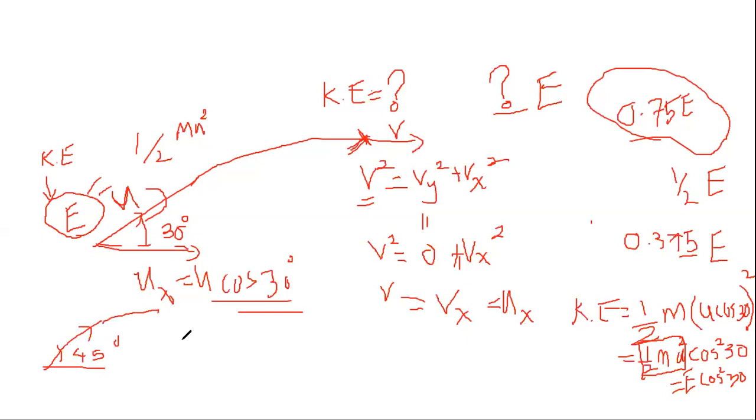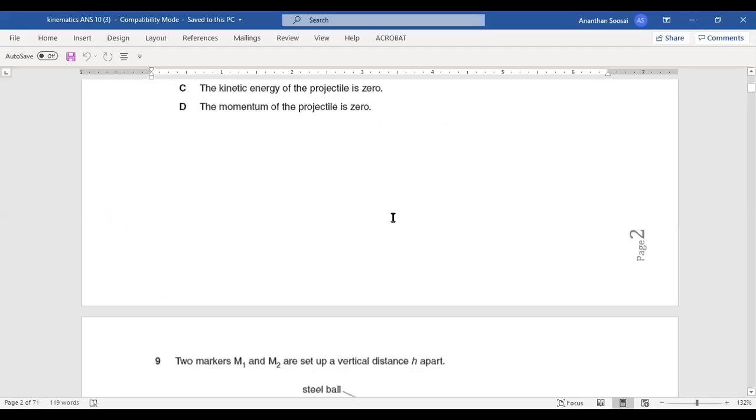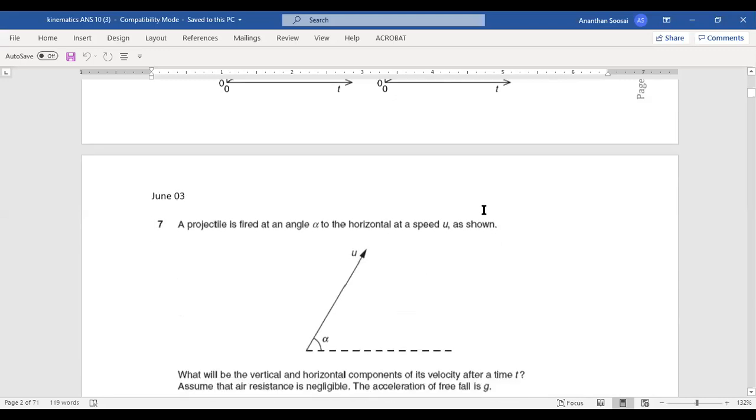It's going to be cos 45 squared of E. It's your 30, but 30 is replaced by 45, and you get the new kinetic energy. So this is what I want to clarify here: at the top it still has kinetic energy. Okay, let's go down.